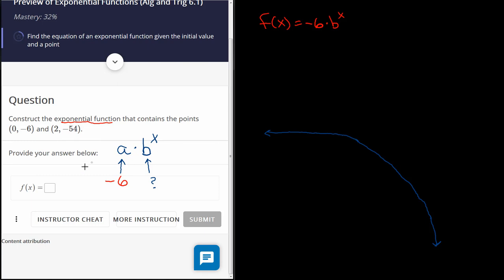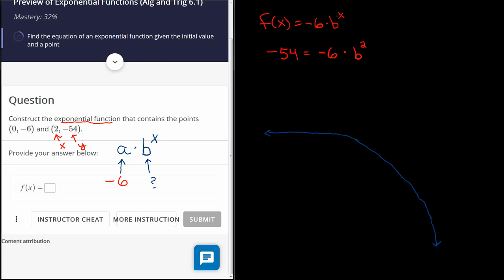Our other piece of information is that when x is 2, then the output, why did I write 2 pointing to 2? That's not particularly helpful, is it? I meant to put x. So when the input is 2, then the output is negative 54. So I can say that negative 54 is equal to negative 6 multiplied by b to the second power.